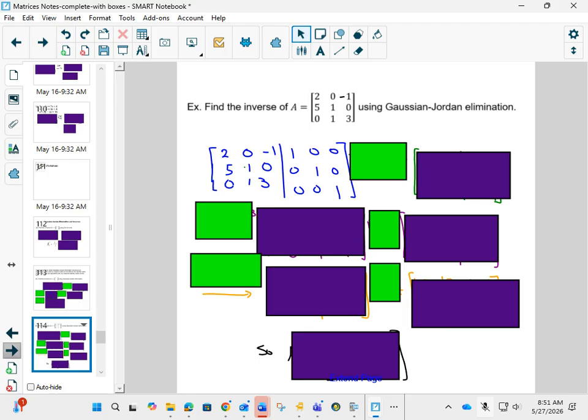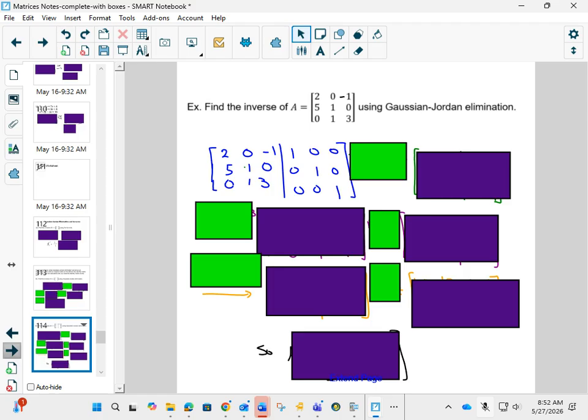And now you set up a huge augmented matrix. You've got lots of space. I want you to try it on your own.